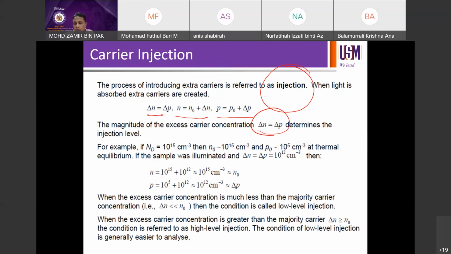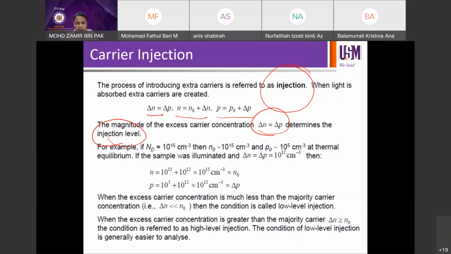We discussed 10 to the 12 as only one possibility. The injection level can be 10 to the 15, 16, 17, or even lower than 10 to the 12, depending on the excitation condition, right? That is called the carrier injection level. So you may have a low injection level, and you may also have a high injection level.